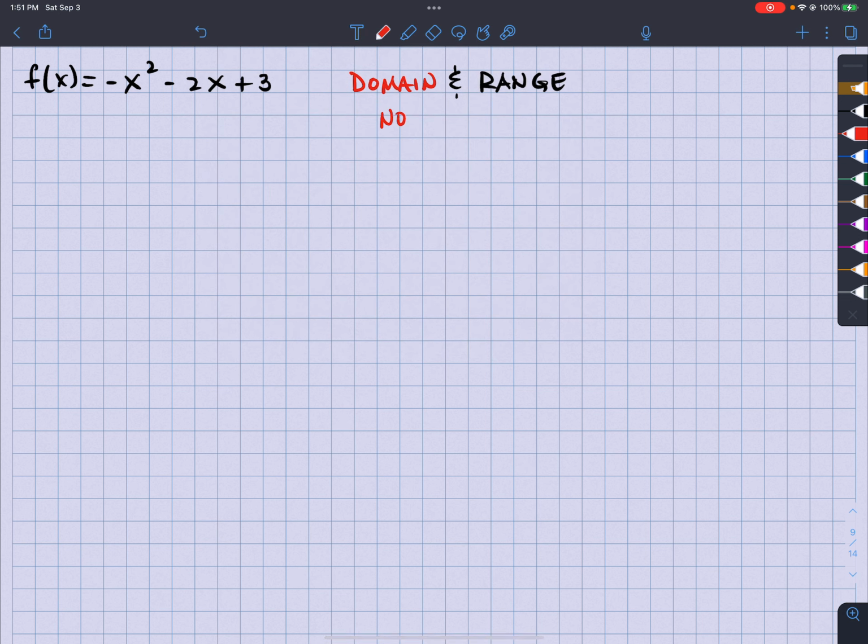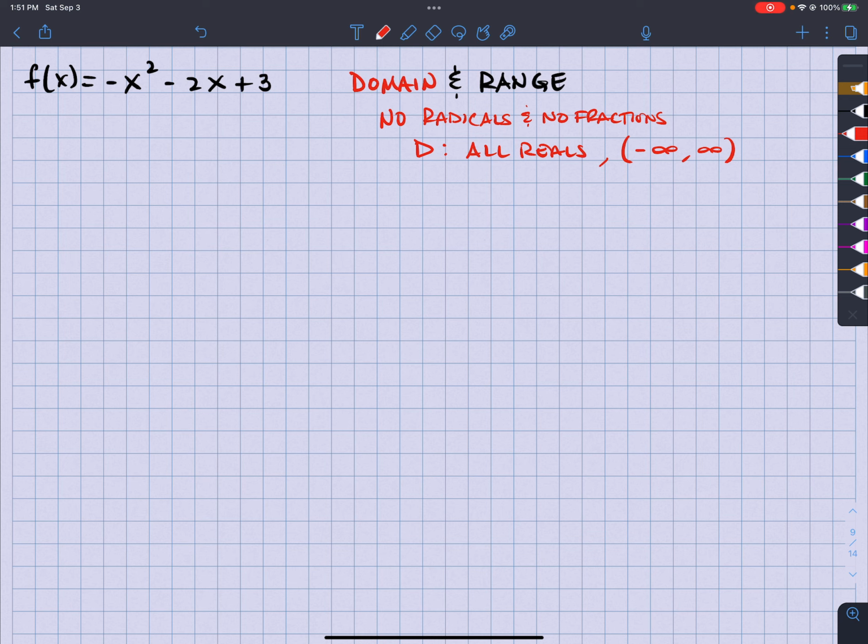So no radicals and no fractions. So that tells me that my domain must be all reals, meaning that I can go from negative infinity to positive infinity. Okay, so there's no restrictions because there's no radicals and there's no fractions.